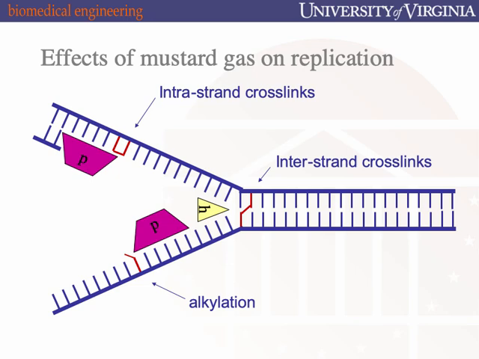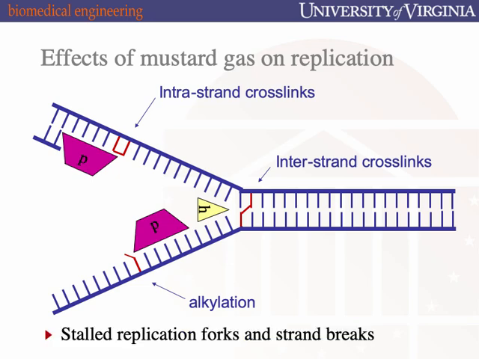So all of these things, if they're extensive enough, and it's because mustard gas is so effective at the chemistry that it does, will be lethal to the cell, and if enough cells are affected by it, lethal to the organism. So talked about stalled replication forks, fork collapse, strand breaks.